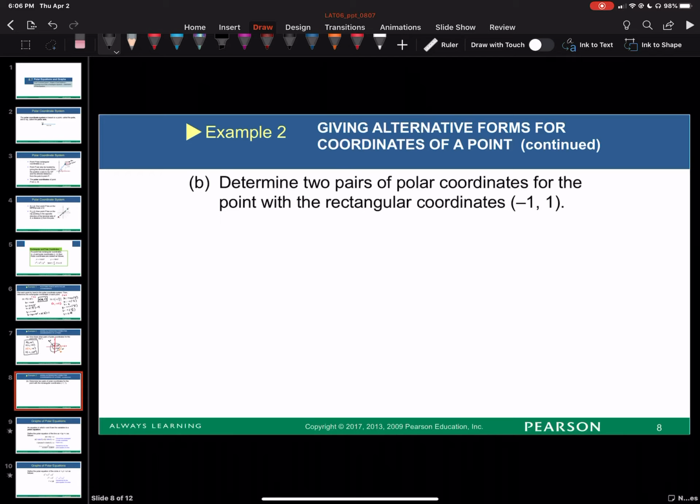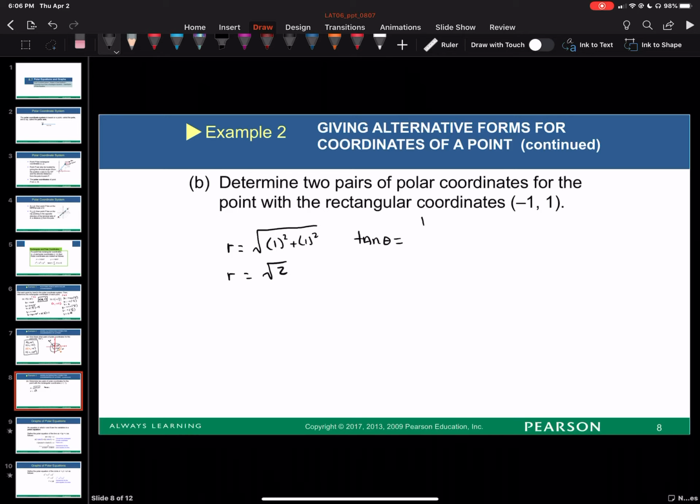So let's look at what we have. The first thing we want to look at is, let's find r. So r is equal to the square root of 1 squared plus 1 squared. And that'll just give me the square root of 2, right? Easy. Now, remember, the tangent of theta is equal to what?